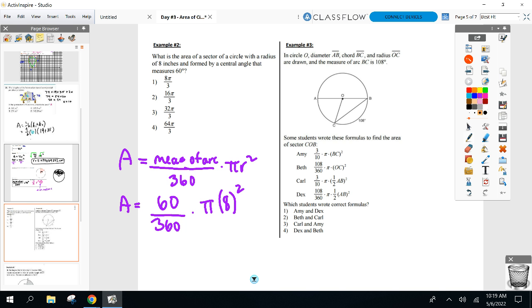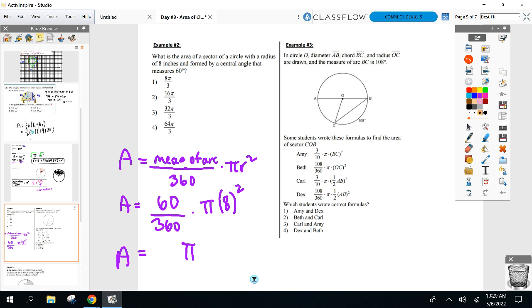Whoa, before you start clicking on the calcs, notice the multiple choices. They're all in terms of what? Pi. So if you put pi in your calculator, you're not going to see this at all. So leave the pi out, and let's do 60 over 360 times 8 squared.